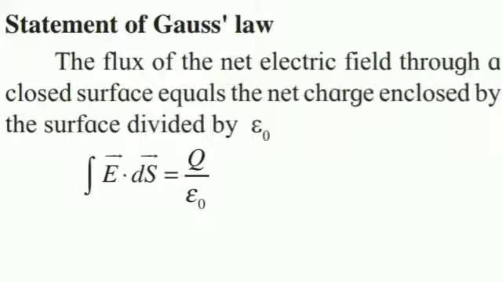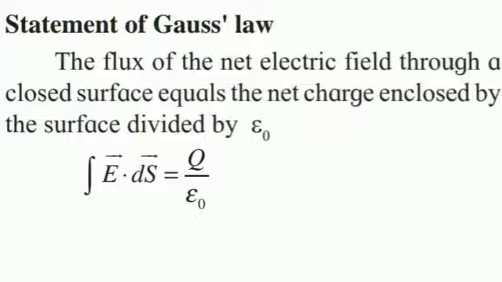Now what is the net charge? As we know, the charge in the electric field is considered as Q. So here the net, that is the overall charge, is capital Q divided by epsilon naught. This is the mathematical expression of Gauss's law.